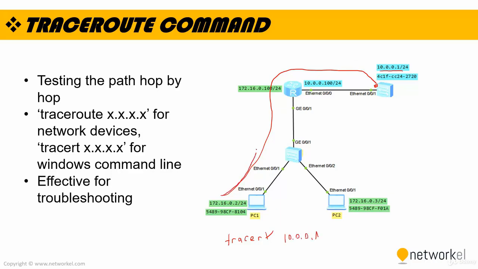This command will check the path hop by hop and tell me if there's a problem on the road or not. Please keep in mind that if I'm using traceroute from a PC, I need to use tracert. But if I want to use traceroute from a network device such as a switch or router, I need to use the traceroute command.